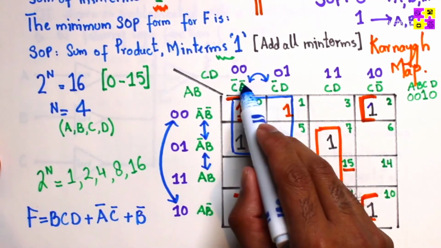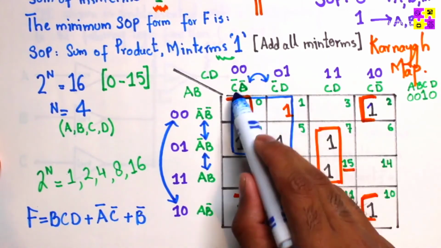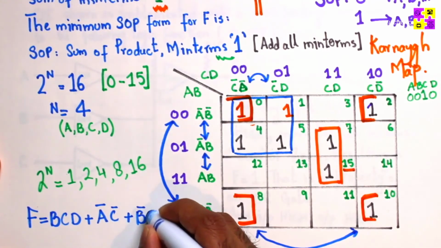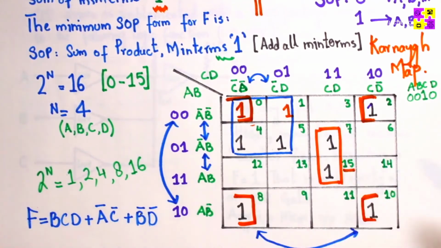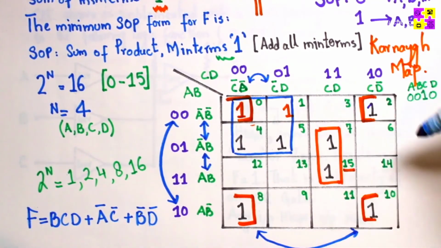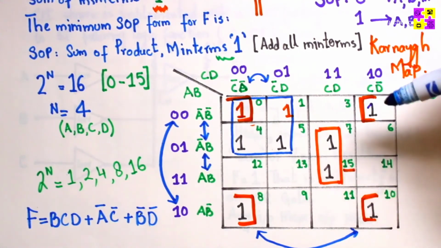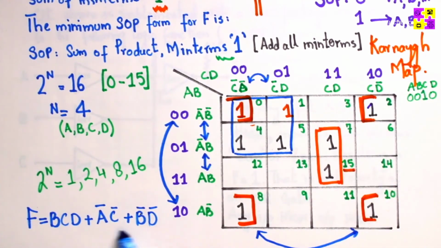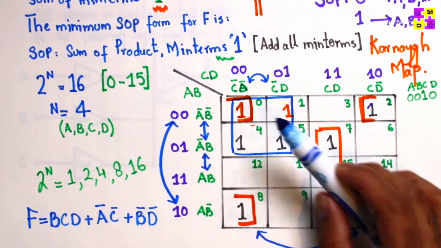Well, you get C bar D bar here, and you get C D bar. So the common is D bar. So you get B bar D bar. All the expressions have been obtained for the 3 sets of rectangles or pairs, whatever you want to call them. And this is the simplified expression, which cannot be further simplified. So the output function f equals BCD plus A bar C bar plus B bar D bar.